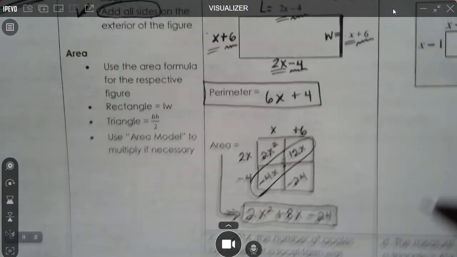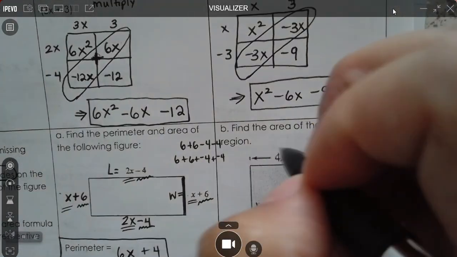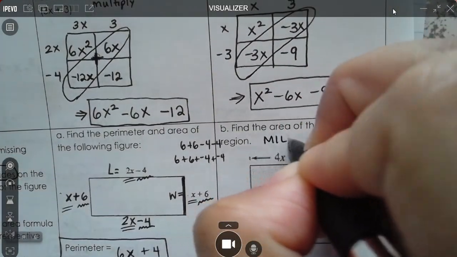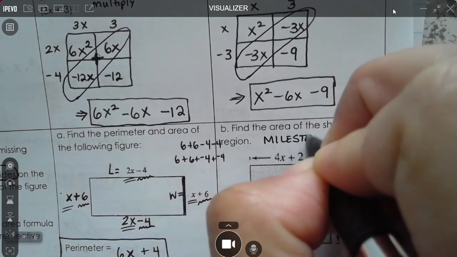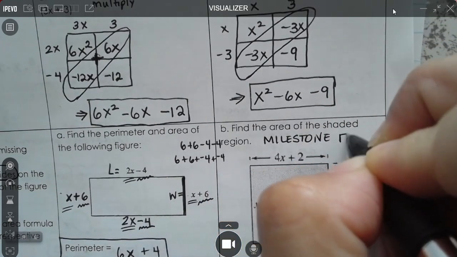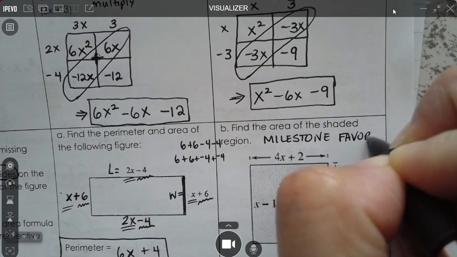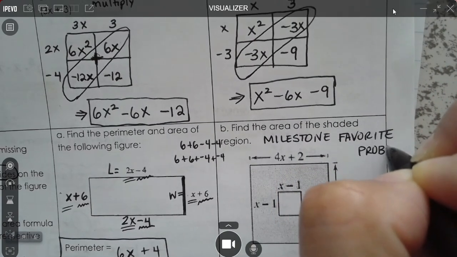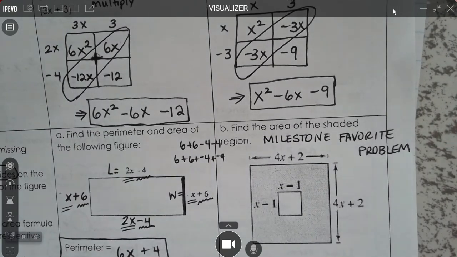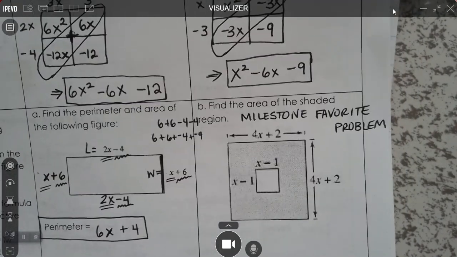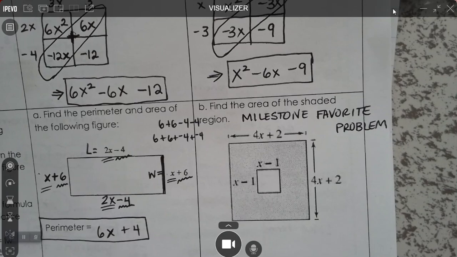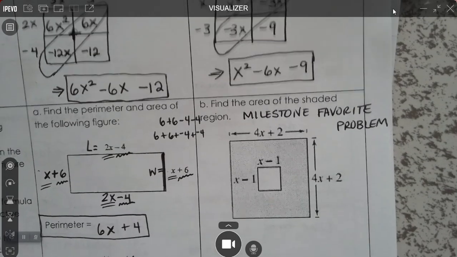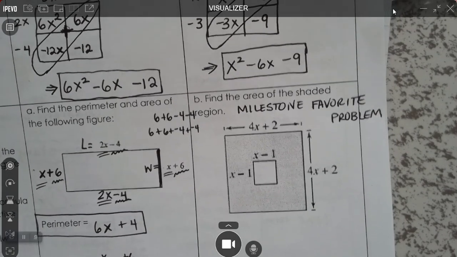Now, the milestone's favorite problem. Are we clear? It's the favorite problem because it incorporates everything that we just done all in one big fat problem.